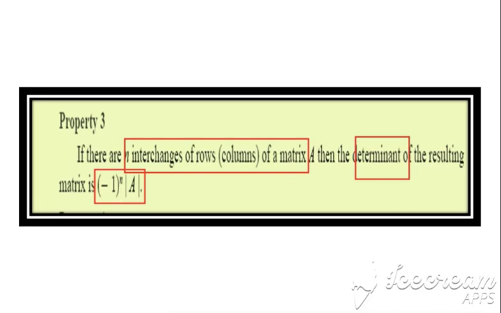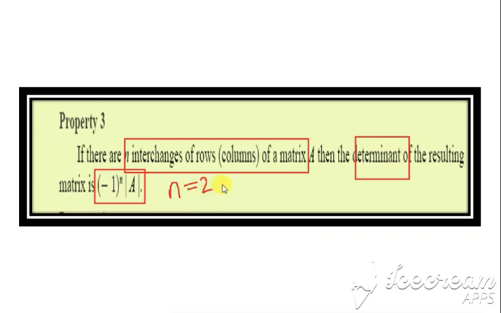Substituting n equal to 3 gives minus, n equal to 2 gives positive, n equal to 1 gives negative.